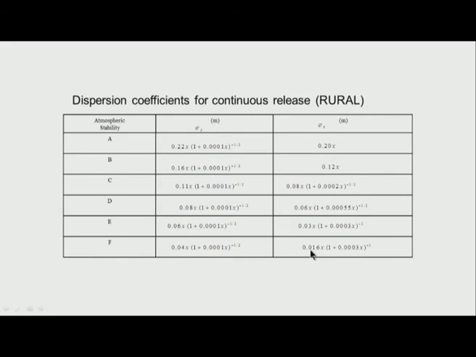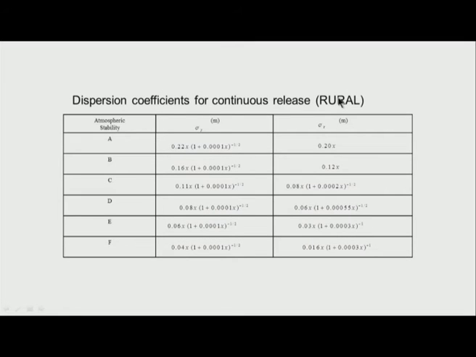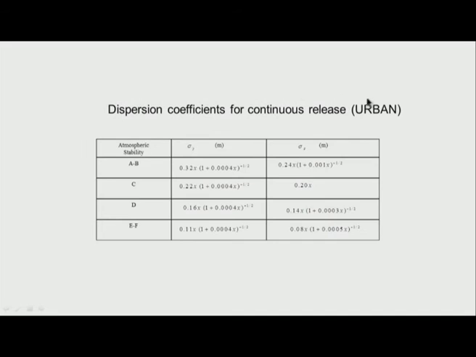That means in a stable environment, the diffusion is very much less, and similarly you have the values for urban. Earlier in the last slide I showed it for villages, and now for towns and cities, because you have blockages of buildings and enhanced turbulence. Well, these are the values of dispersion coefficients at different conditions of atmospheric stability.